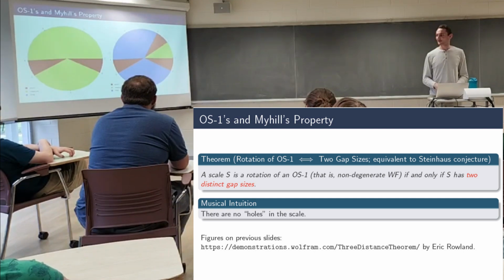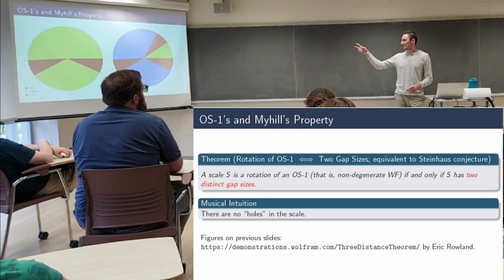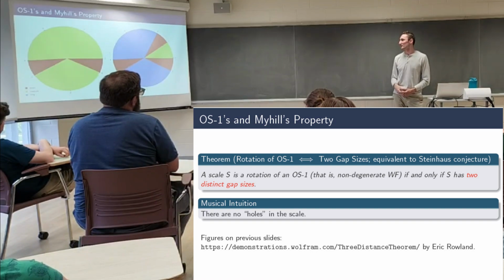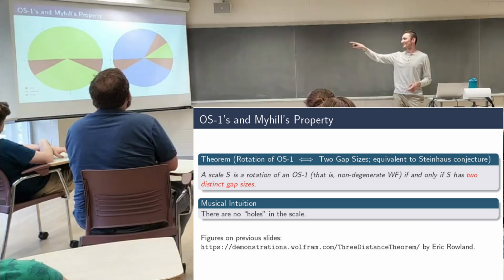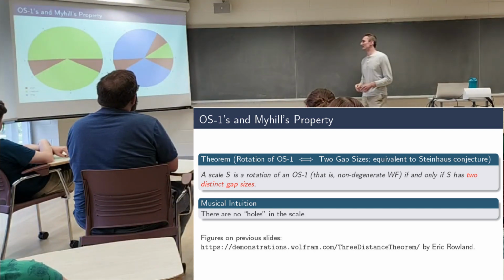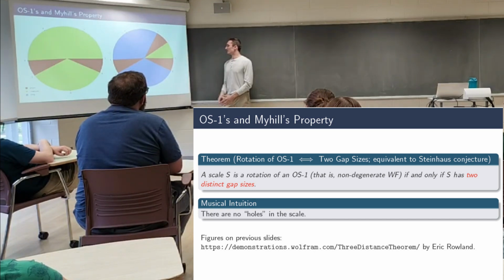If we look at this example of the 8-tone scale, one can show that if you have the 3 gap sizes, the smaller 2 gap sizes add up to the bigger gap size. So here, green plus red equals blue. Now here, if this were just a blue interval, there would be no 7 here, but there is.